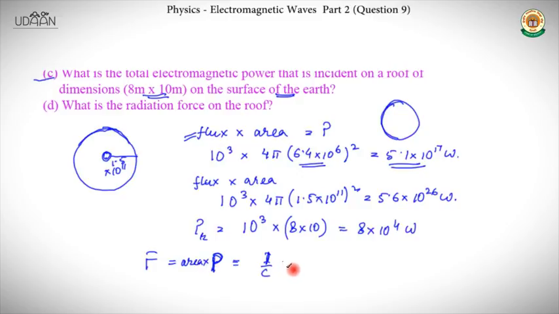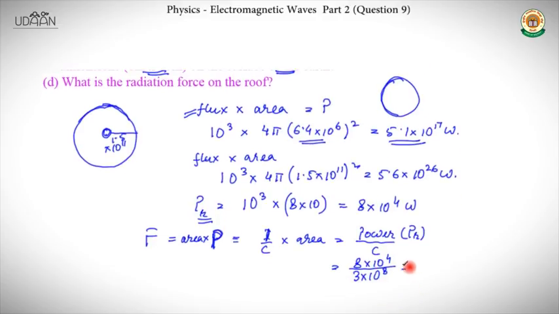So I into area is the power, divided by C. The power on the roof, which can be denoted as PR, we already found here. So it is 8 into 10 raised to the power 4 divided by the speed of light, that is 3 into 10 raised to the power 8. After doing the calculation, we get the final answer as 2.67 into 10 raised to the power minus 4 Newton, which is the force due to the electromagnetic radiation incident on the roof.